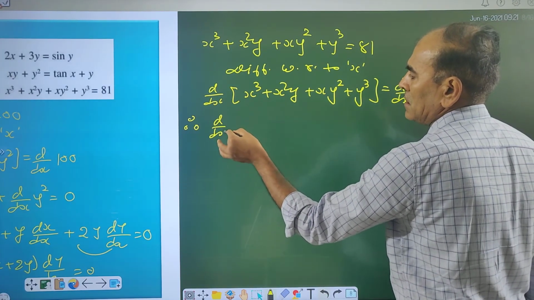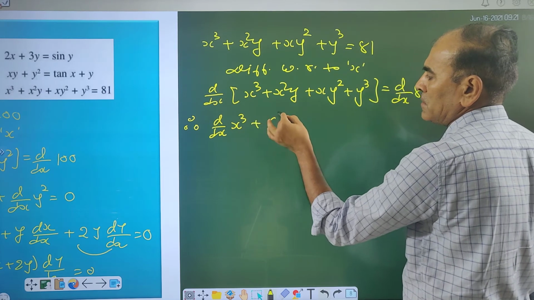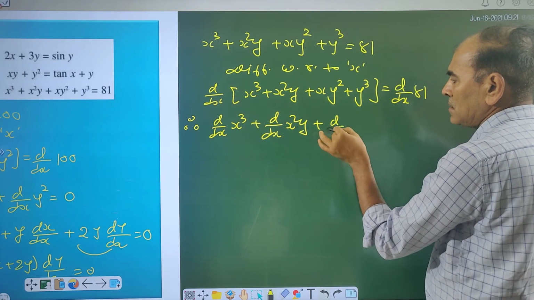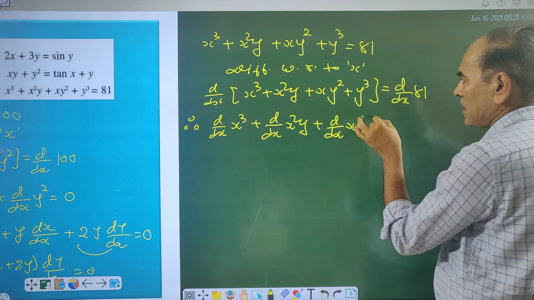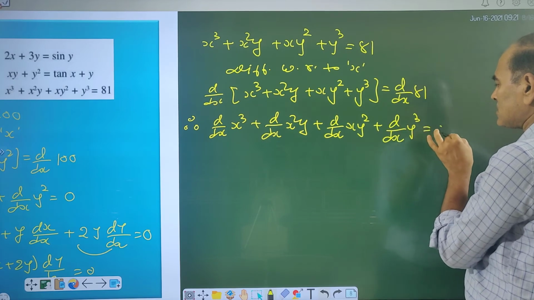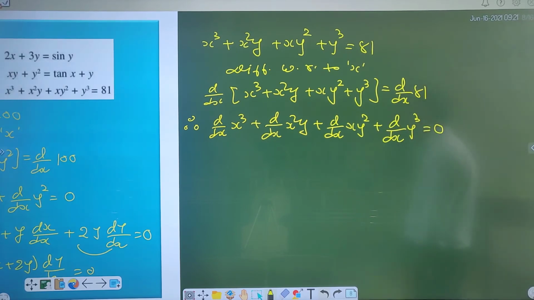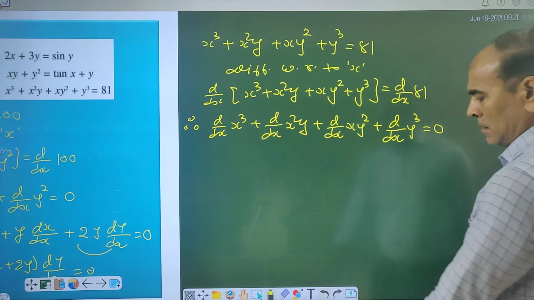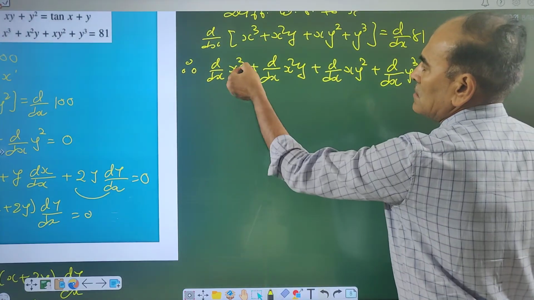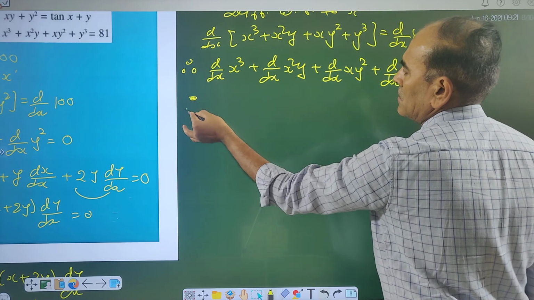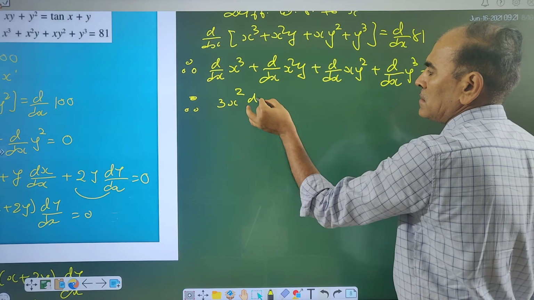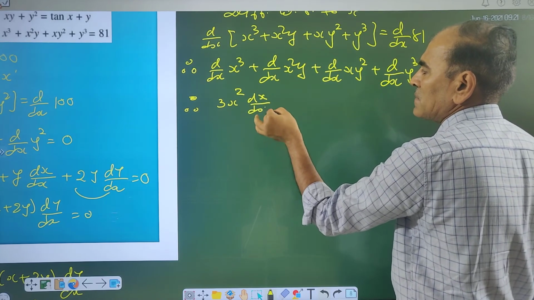So d by dx of x cube, d by dx of x square y, plus d by dx of xy square, plus d by dx of y cube, and on the right hand side it is a constant, so the derivative is 0. Now apply the rules one by one. Some function raised to n: so 3 times the function raised to n minus 1 times d by dx of the function.